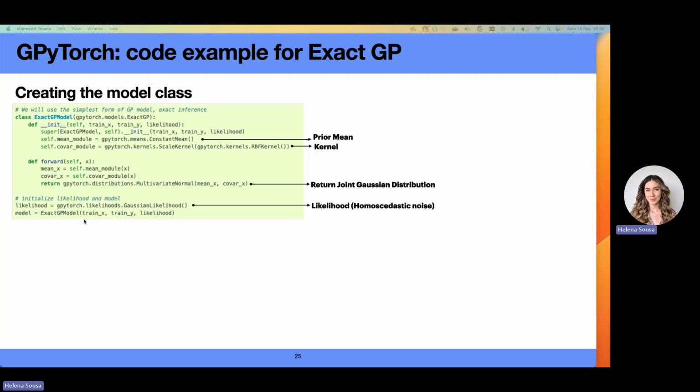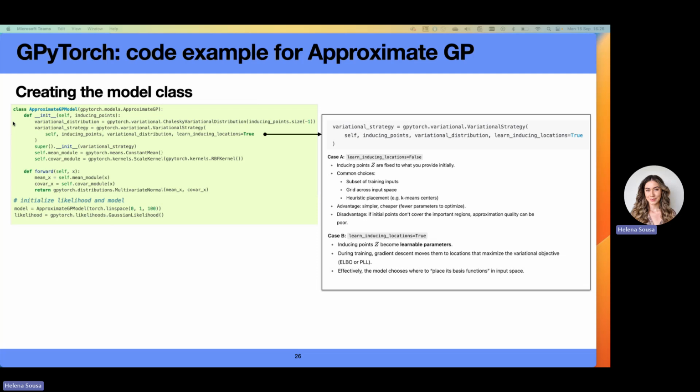We define the likelihood here similarly. Here I'm showing the same thing, but this time for an approximate GP. In this case it has, for example, this parameter here, which basically asks if you want to learn the inducing point locations or not.